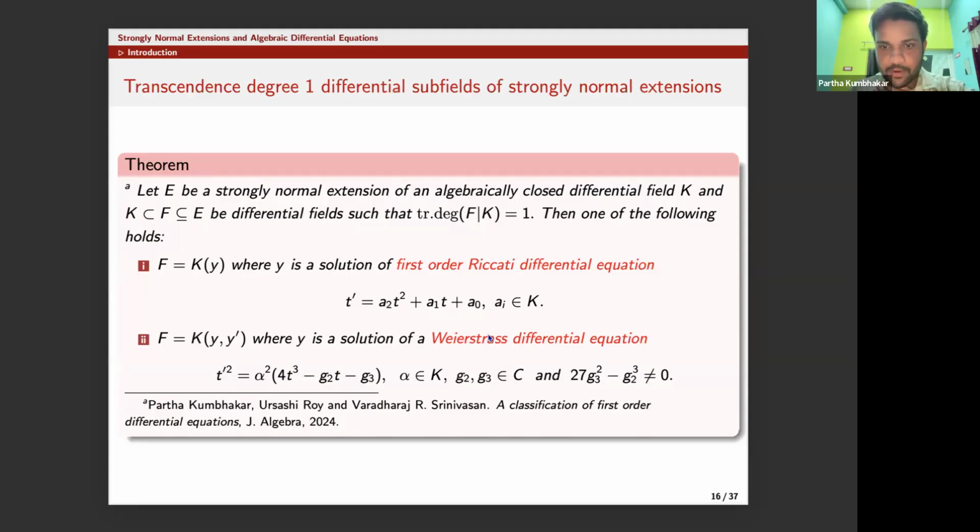Transcendence degree one is not possible, and one of the reasons is that if you have an algebraic group, a transcendence degree one differential subfield basically gives you a dimension one homogeneous space, and a dimension one homogeneous space of an algebraic group is basically either genus 0 or genus 1.